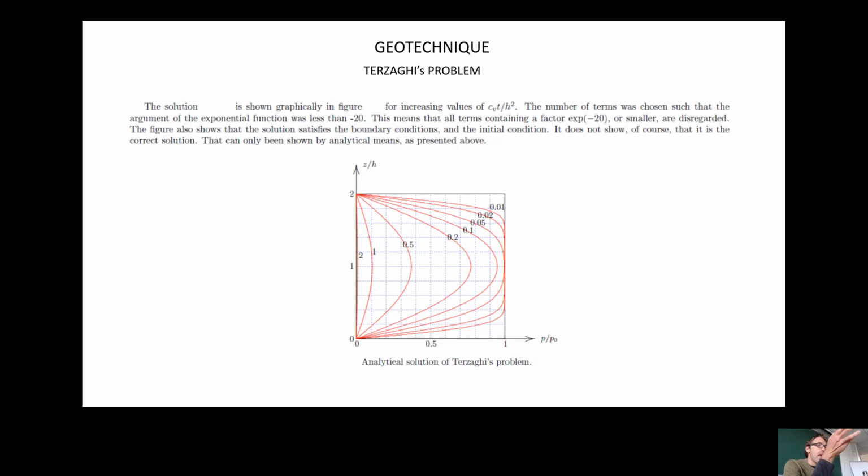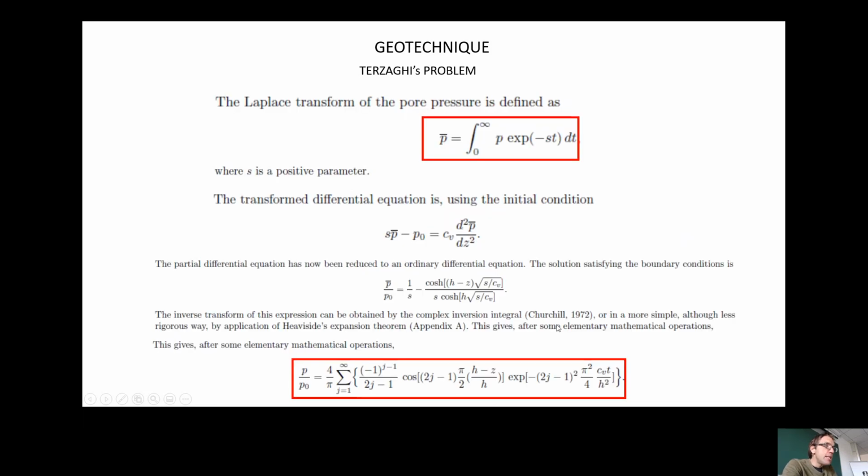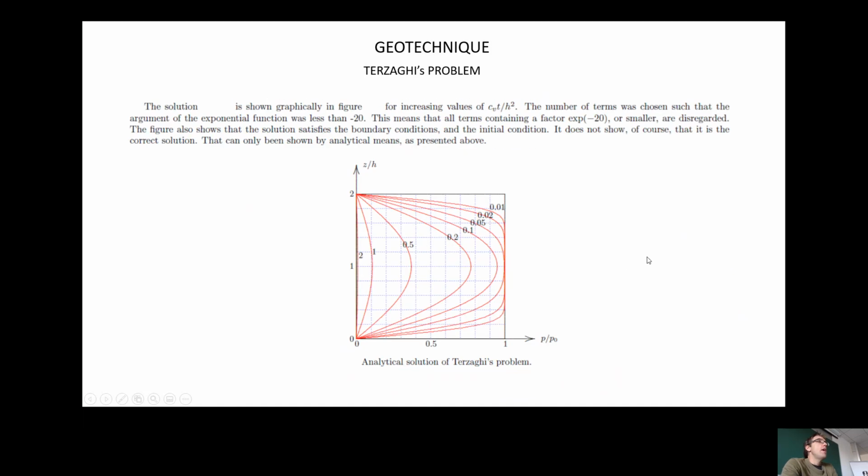So we can have several considerations, but what we want to say is that, of course, there are some simplifications. For example, the number of terms was chosen such that the argument of the exponential function was less than -20, and so the factor exponential -20 is disregarded.